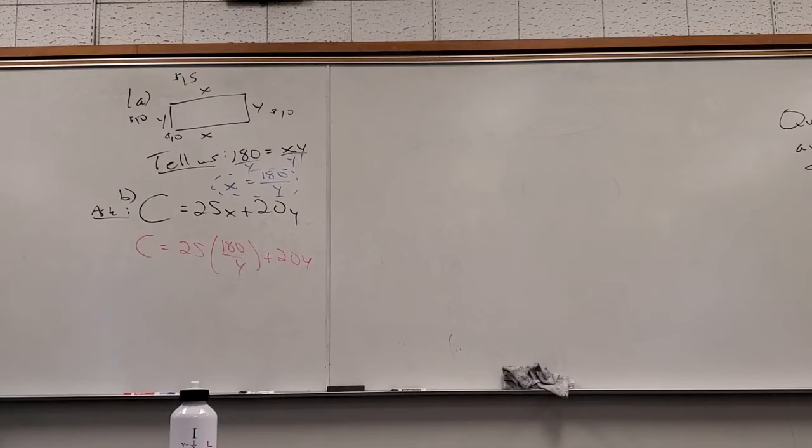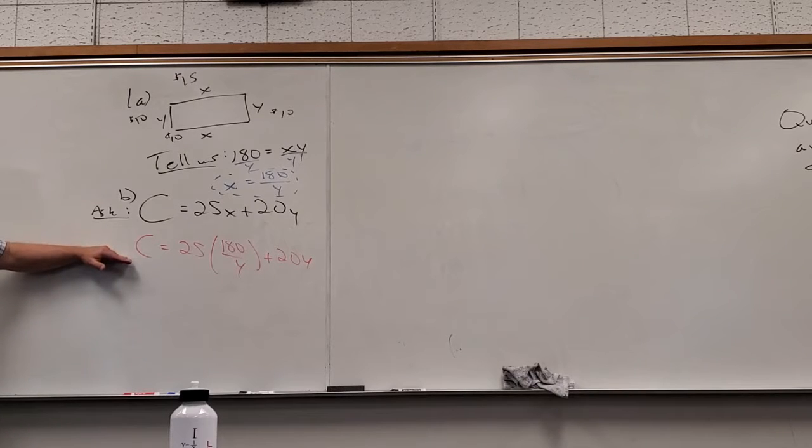Let me stop for a minute. So that pretty much catches us up to where we stopped, and then this was the next step. Now what do I do? We're trying to find the cost, the minimum cost. How do I find the minimum of a function?